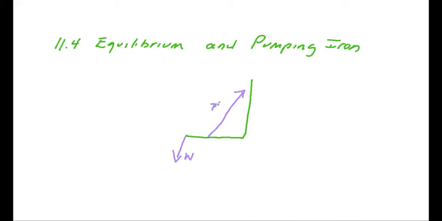T. Then we have the force E exerted on the elbow, exerted by the forearm on the upper arm, and that acts here. We're calling that E. It acts at the elbow.